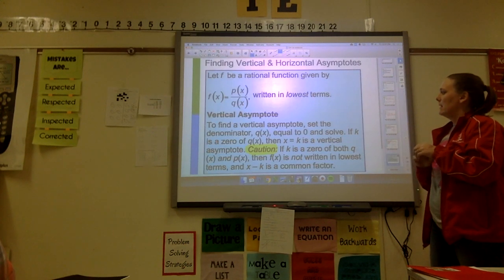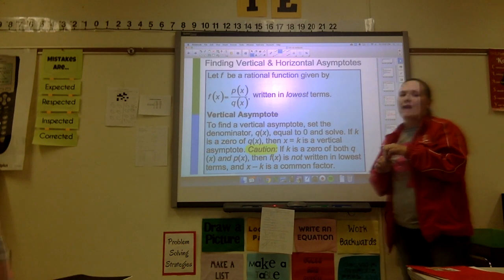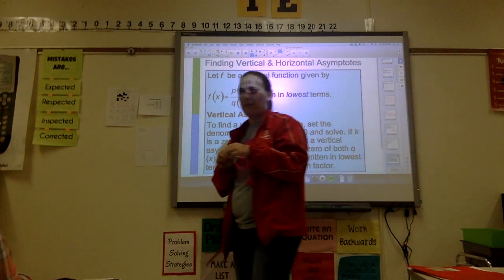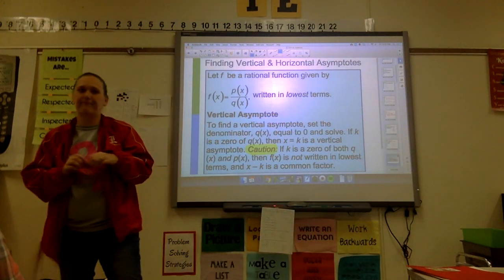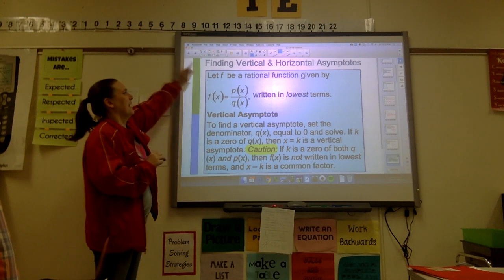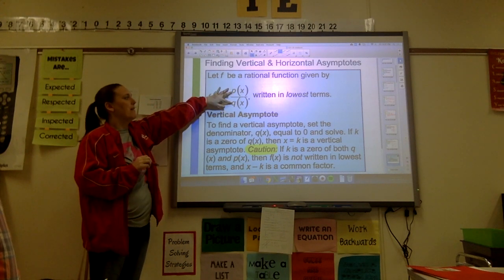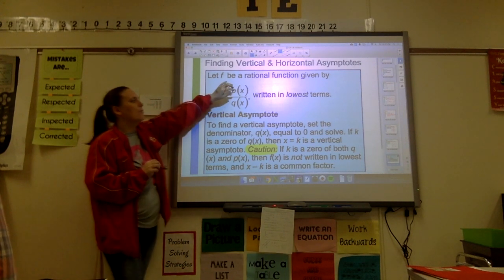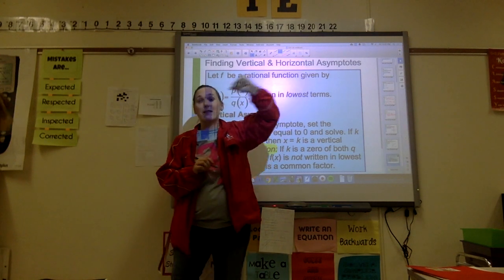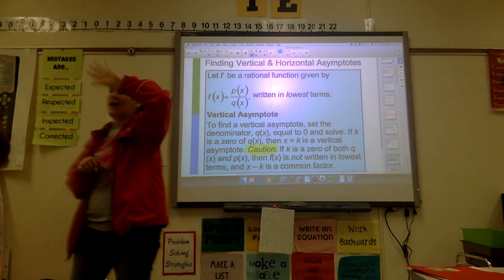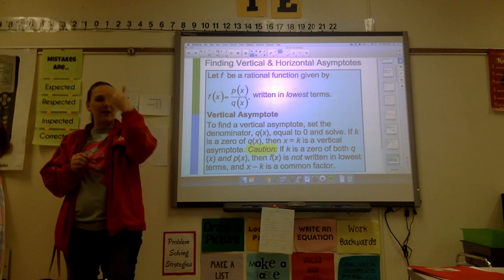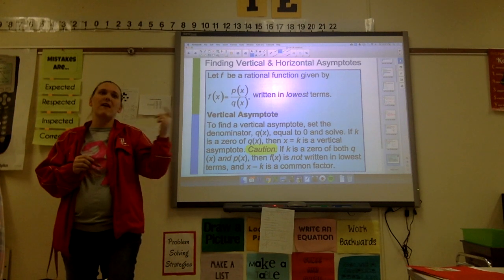So, how do we find them if we don't have a graph? And don't say graph them. Here we have p of x over q of x, and it's written in lowest terms. That's going to come into play quite a bit. If it has a common factor, we're going to take that factor out first, and then we'll do this analysis.